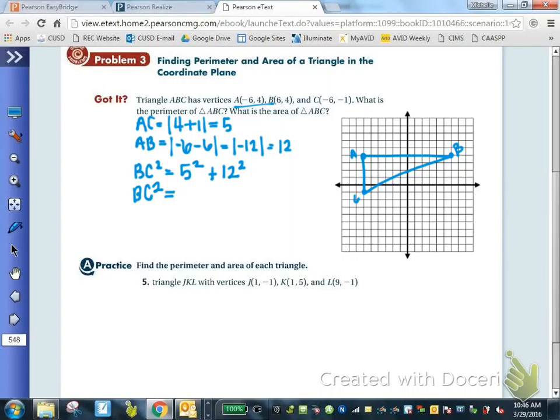Five squared is? 12 squared is? Okay. So that gives me 169. And then how do I find just BC? Square root it. You could have just square rooted it from the beginning.